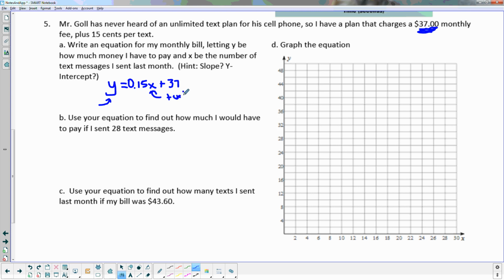So this is the number of texts sent. Typically, even in a limited text plan, it's sent and received, but I'm just worried about sent for this problem. And then y is going to be the cost.